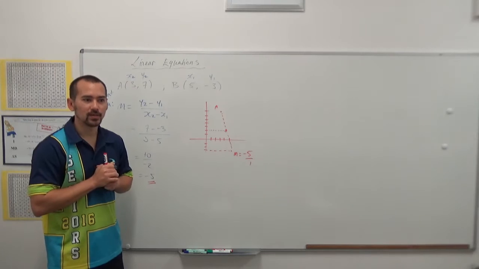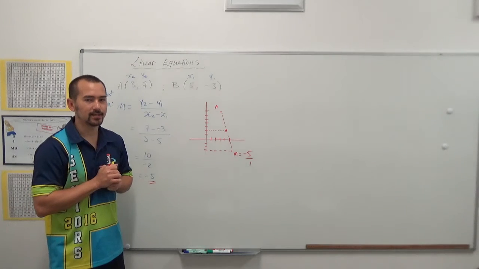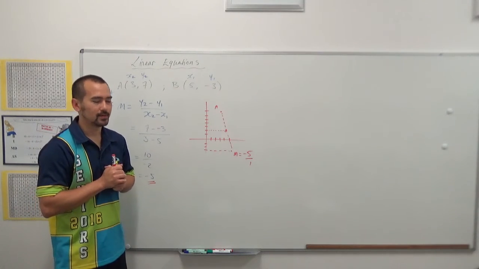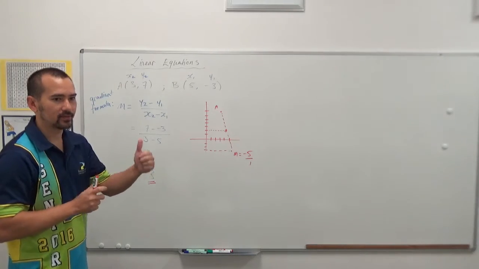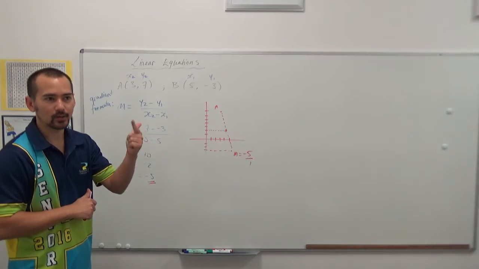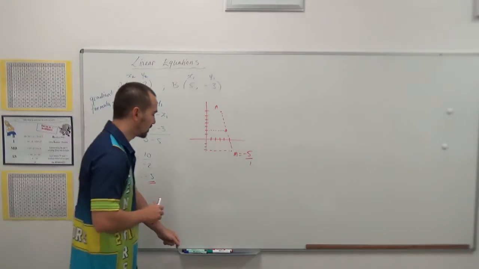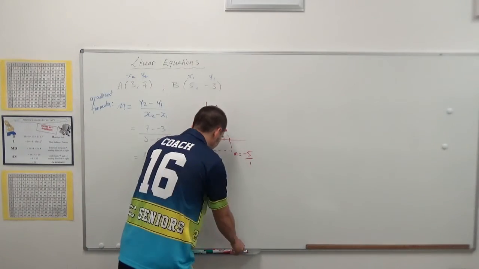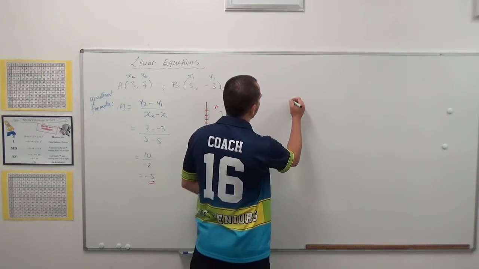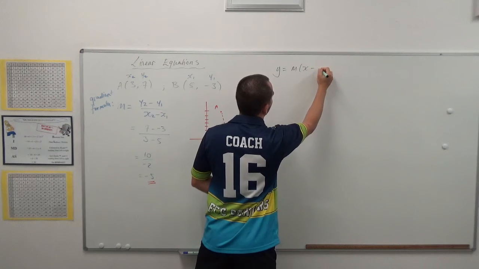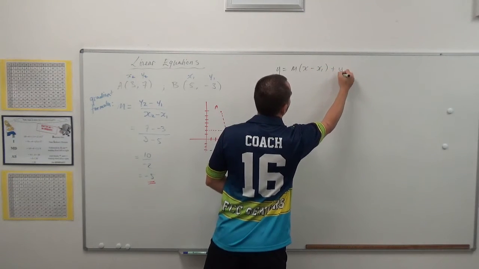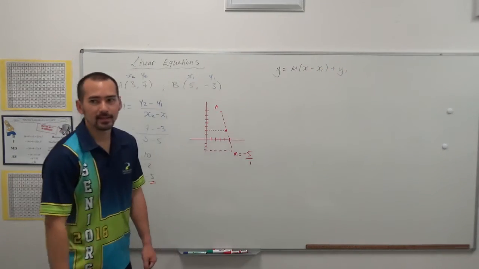Okay, so what we're about to do now is solve the equation of a line given a gradient and a coordinate. All right. There's your formula.